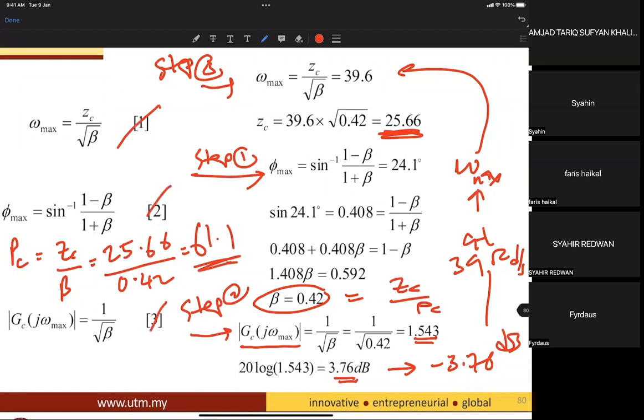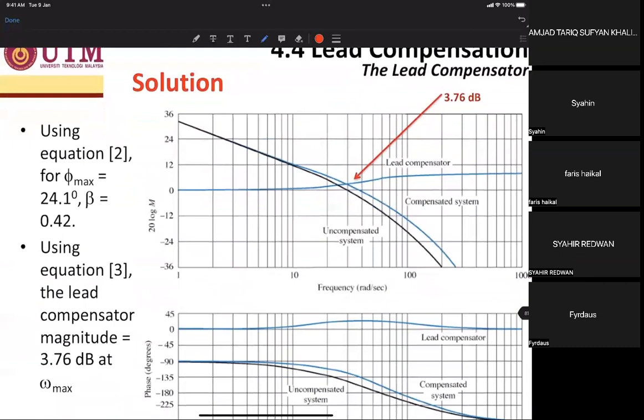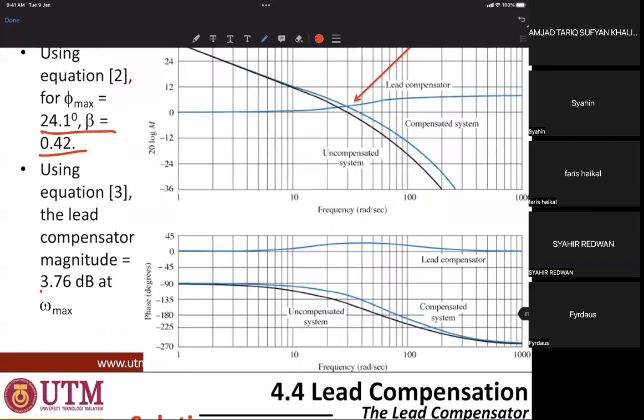So we just use the Bode plot to get the gain margin and phase margin before compensation, and then we get the targeted phase margin and the frequency, and then get the omega max and the magnitude. So we get here 24.1, beta 0.42, 3.76, at omega max 39 radian per second.